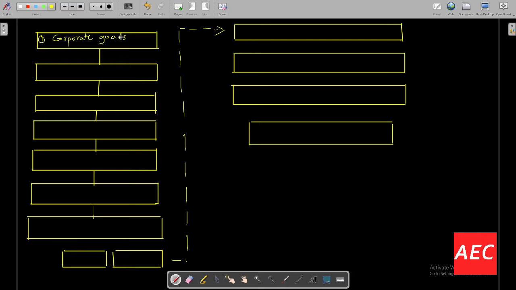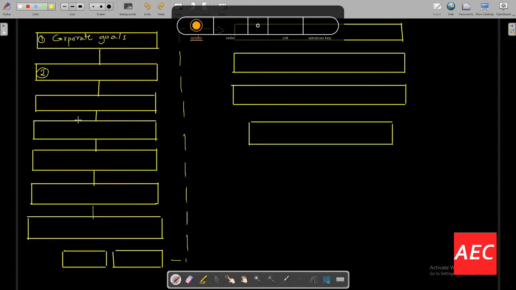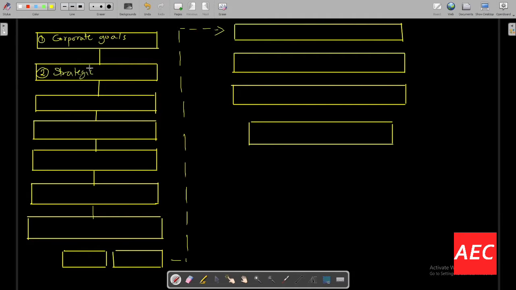The second process is strategic planning. Now, the strategic plan is a general design of the firm, and basically it identifies the business and where it intends to position itself in the future.